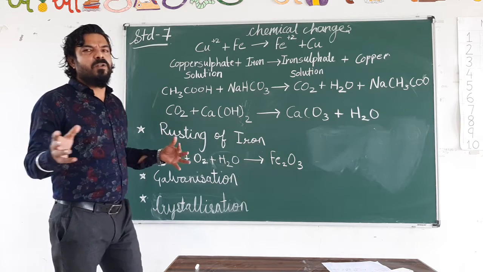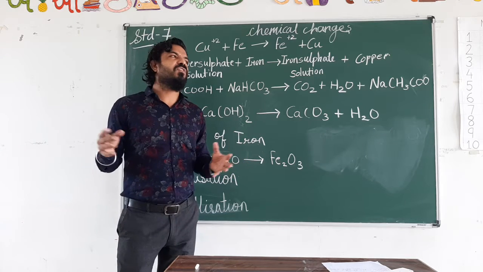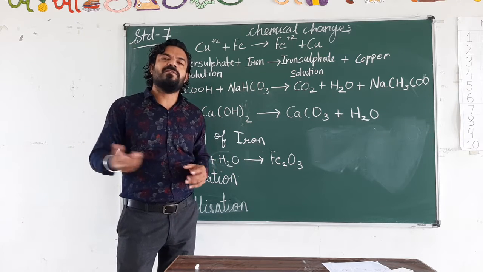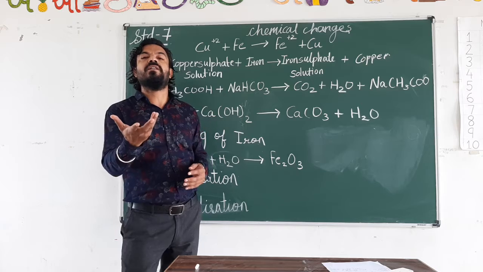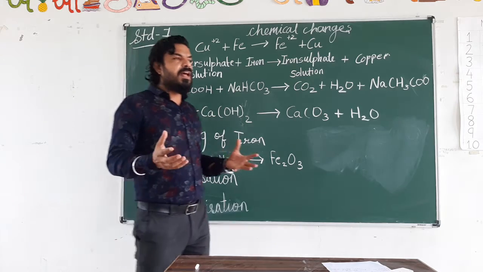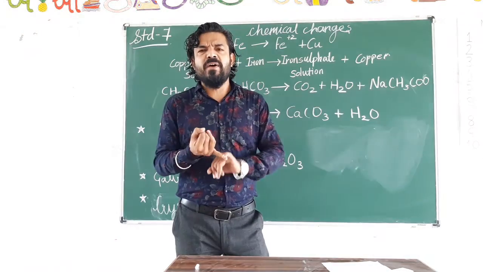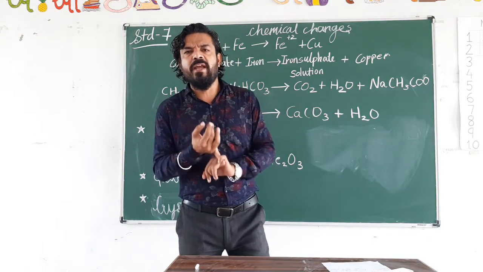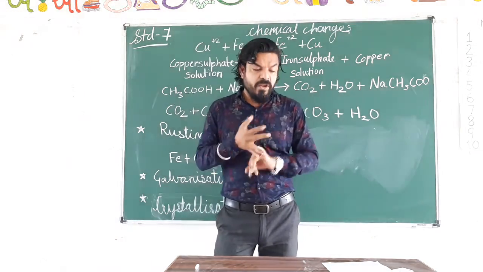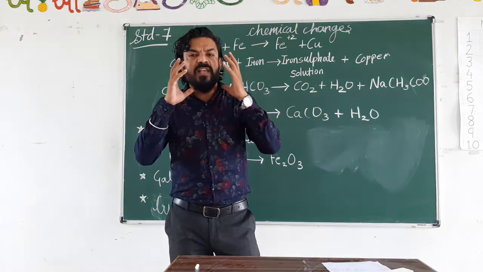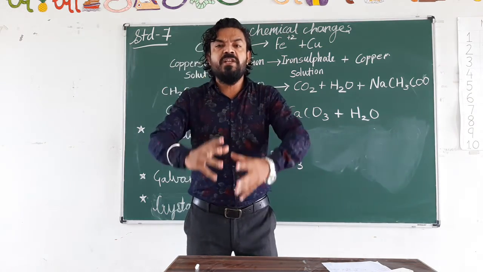This might be called a physical change. Why is it a physical change? Powder becomes crystals. So there are lots of activities we have understood. All these activities, 6.5, 6.6, 6.7, 6.8, 6.9 also, have given the idea of the changes.